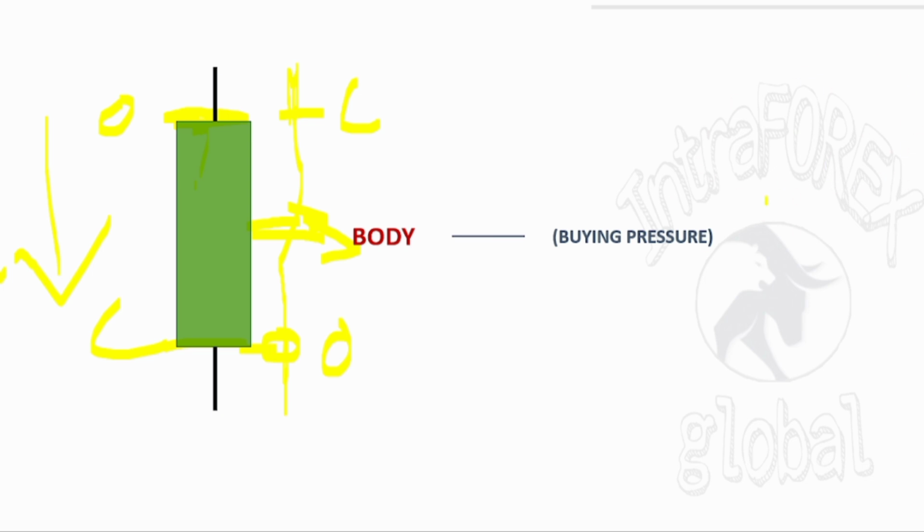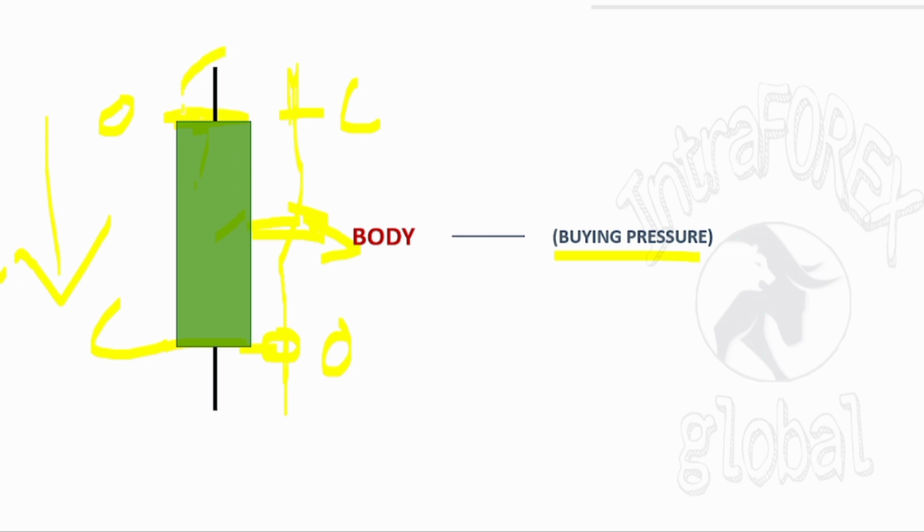In the case of an uptrend, the body is telling us about buying pressure, meaning the bigger the body, the more buyers are in control. In the case of a downtrend, the bigger the body, it means the sellers are in control, and the vice versa is true. A smaller body means less buying pressure, or less selling pressure. I hope it's easy, guys.